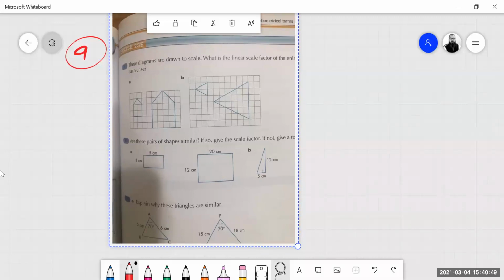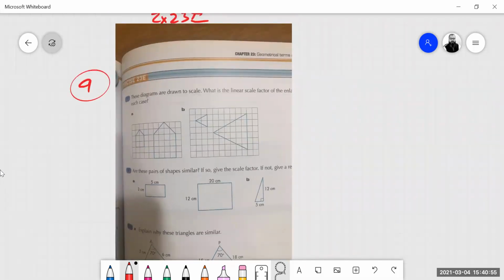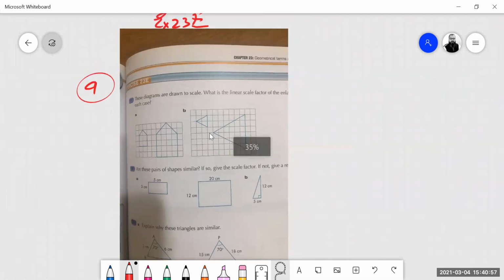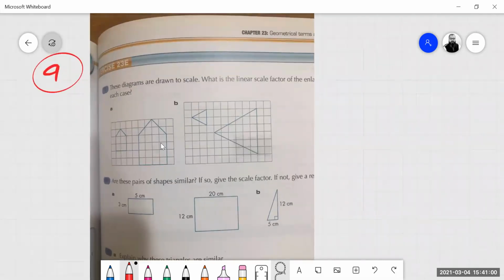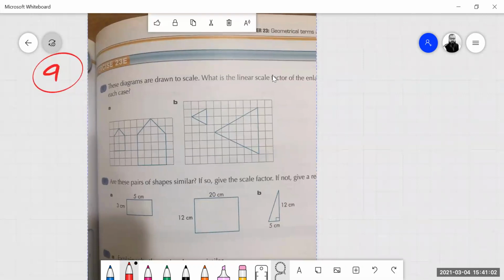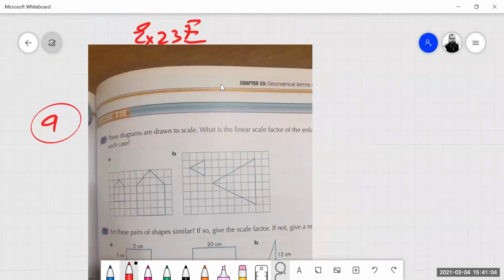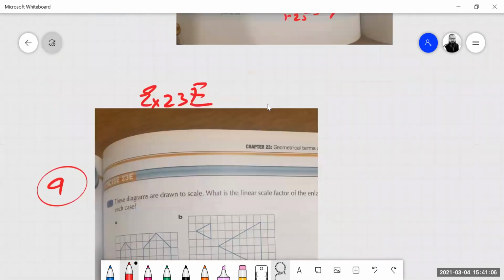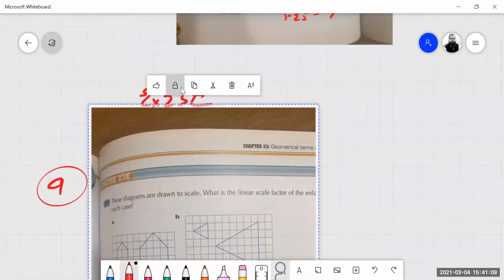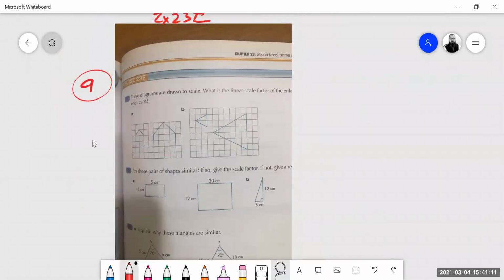Okay, the length of this side, what is the length of this side? 1, 2, 3, 4.